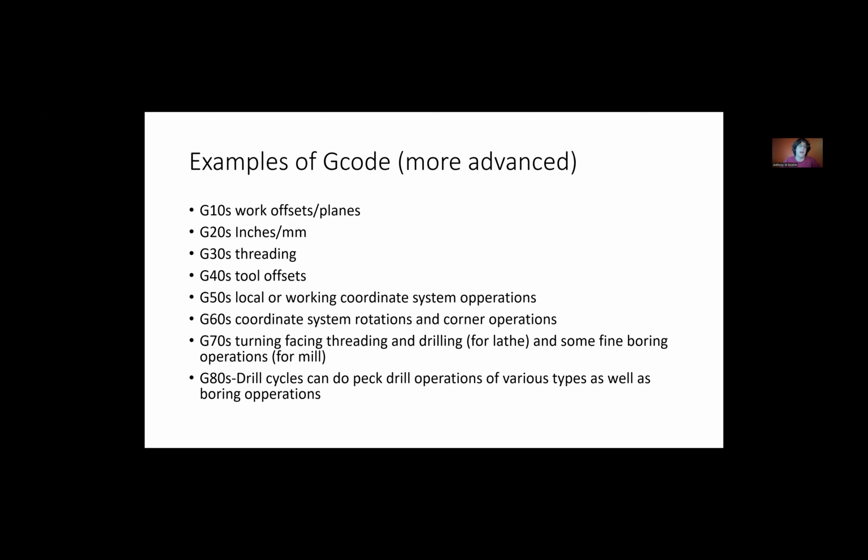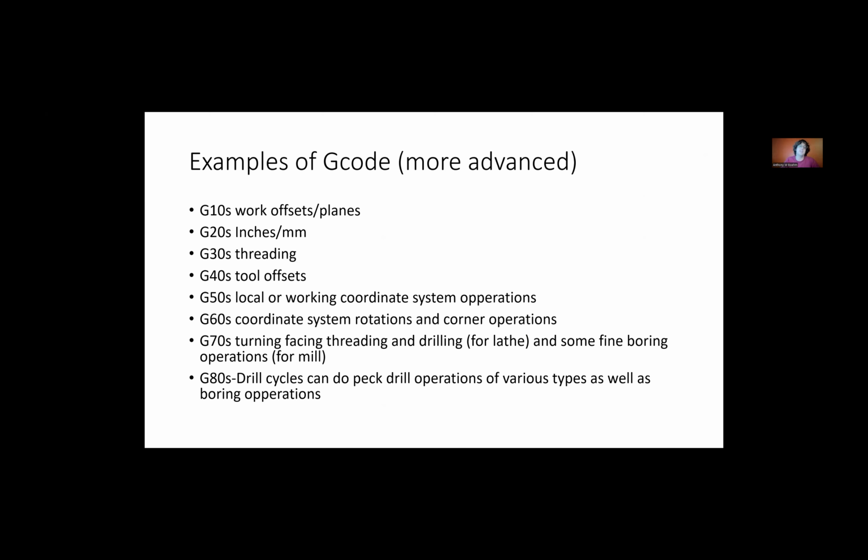Okay. You have your G60s, which are coordinate system rotation, so if you need to perform a rotation or an operation. You have G70s, which are a lot of turning and facing. So this is all stuff you would do on the lathe. You would normally not see any G70s for turning and facing on the mill, but some G70s are used for fine boring operations on the mill.